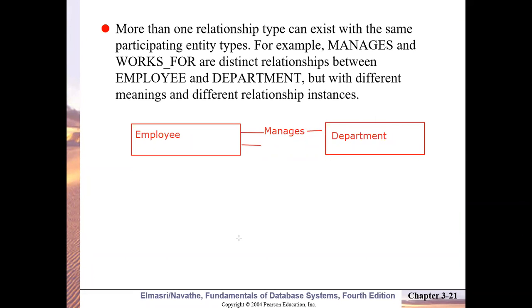What is that? Works for. Very good. So there could be multiple relationships between the same 2 entity types. So this is possible. Fine.